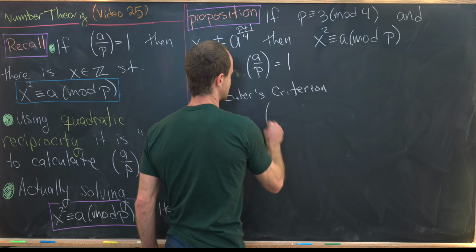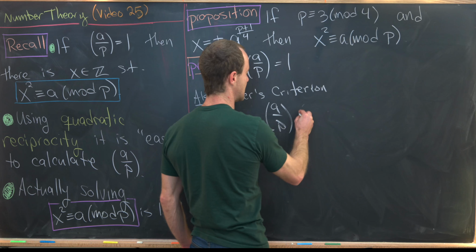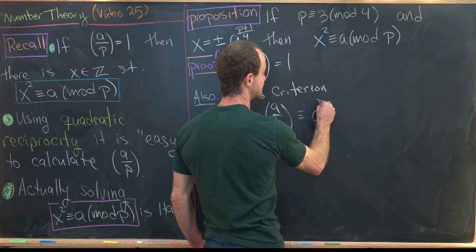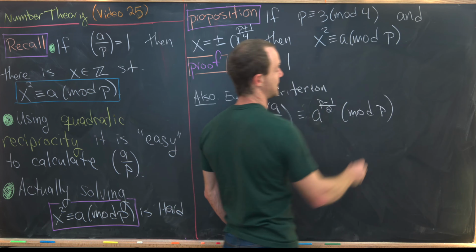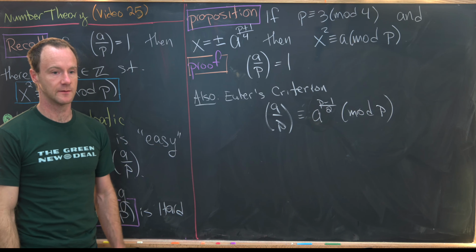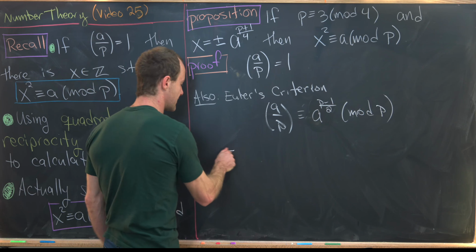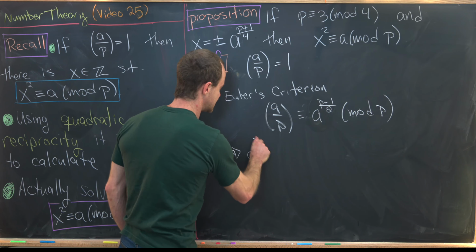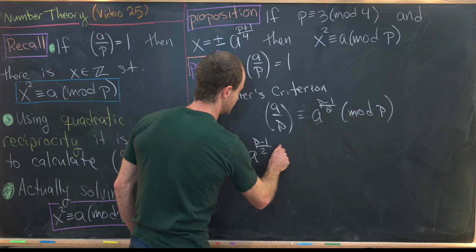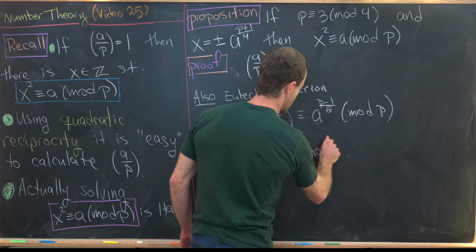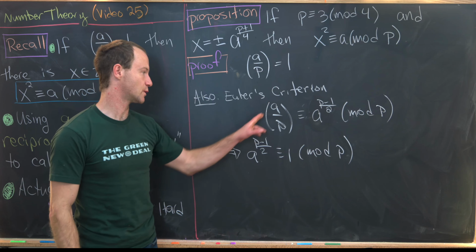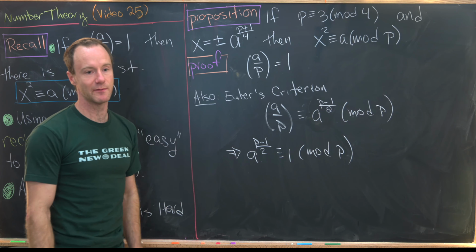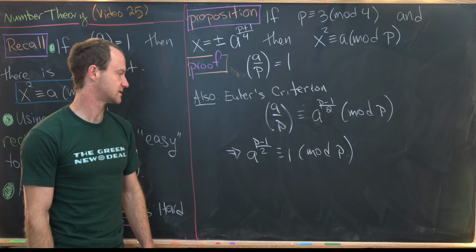We know (a/p) is congruent to a to the (p minus 1) over 2 modulo p. Okay, great. So putting all of this together, we see that a to the (p minus 1) over 2 is congruent to 1 mod p, because (a/p) is 1, and by Euler's criterion, (a/p) is congruent to this.